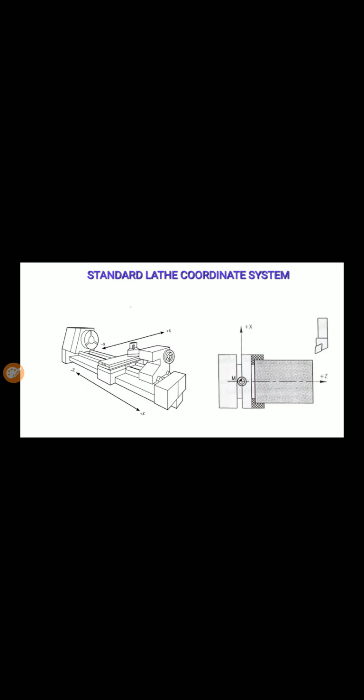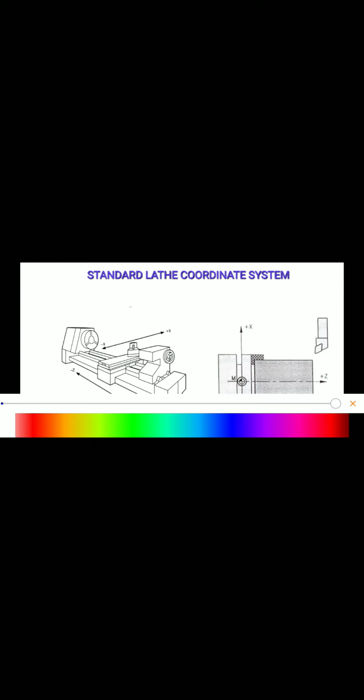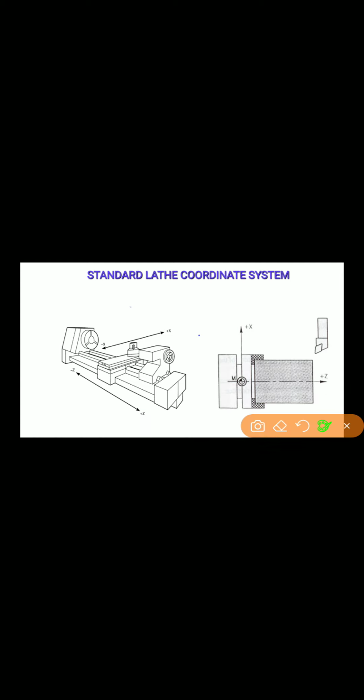Here you will see the standard protocol of the lathe coordinate system. On a lathe machine we perform various operations like turning, facing and thread making. Here we have only two directions: Z plus and Z minus, and X plus and X minus.